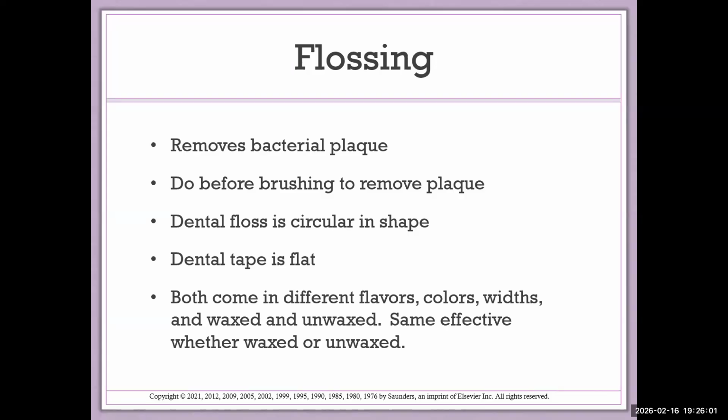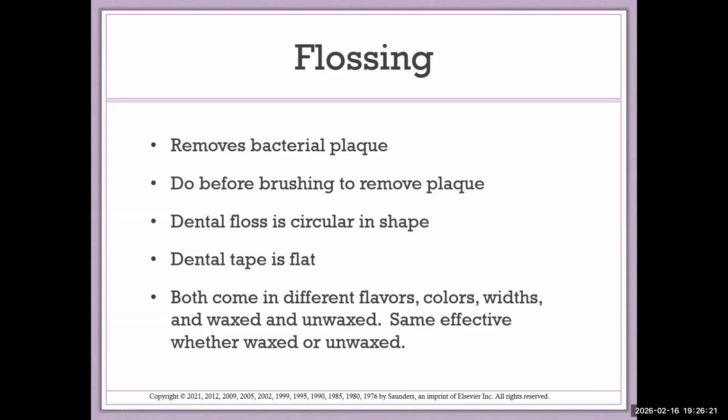The dental floss is kind of in a circular shape. The dental tape is kind of flat, so they're different. When you go to a pharmacy or your local grocery store like Harris Teeter, in the dental aisle you'll see there are mostly two kinds of floss.